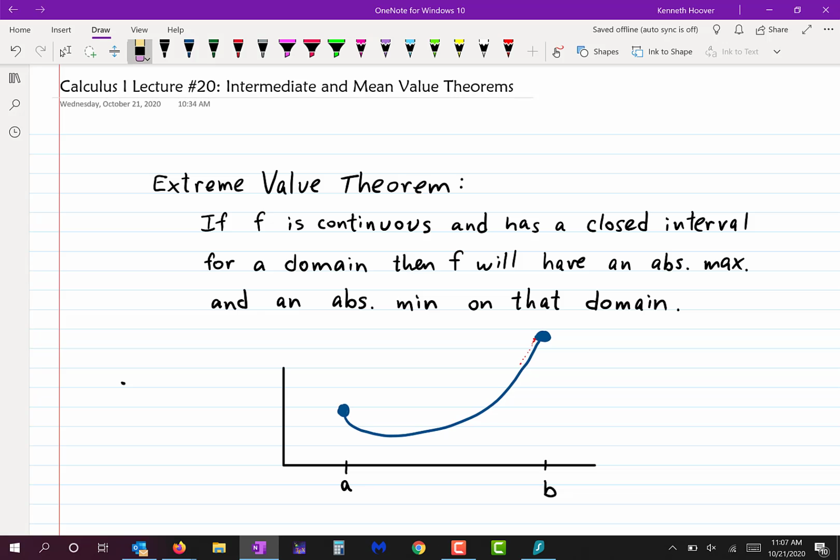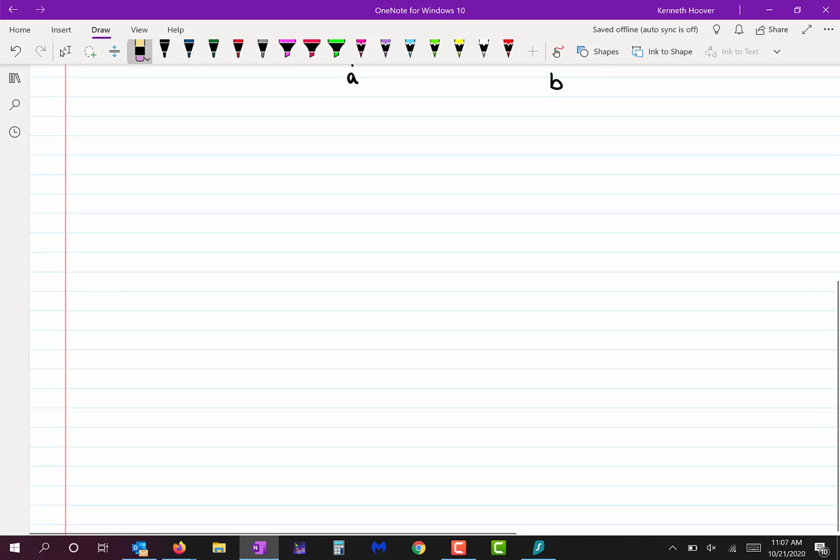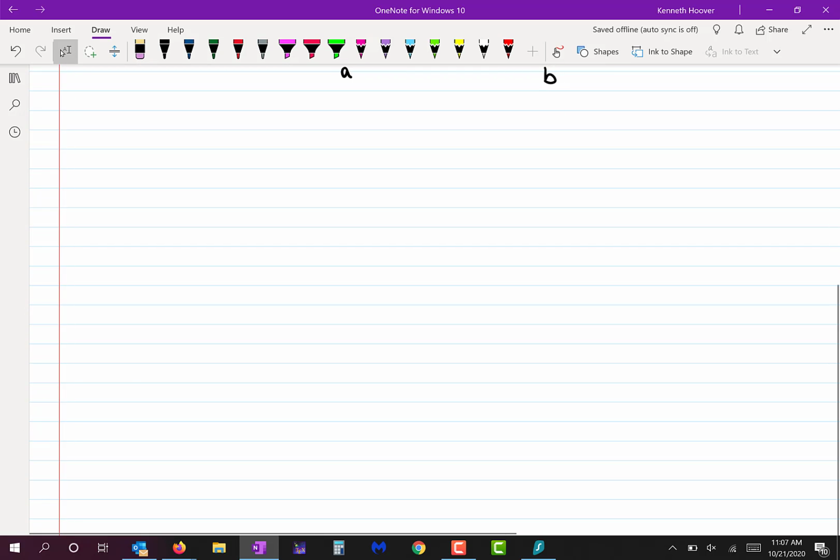So that's the extreme value theorem. Now, let's look at what we call the intermediate value theorem. Here's what this says.